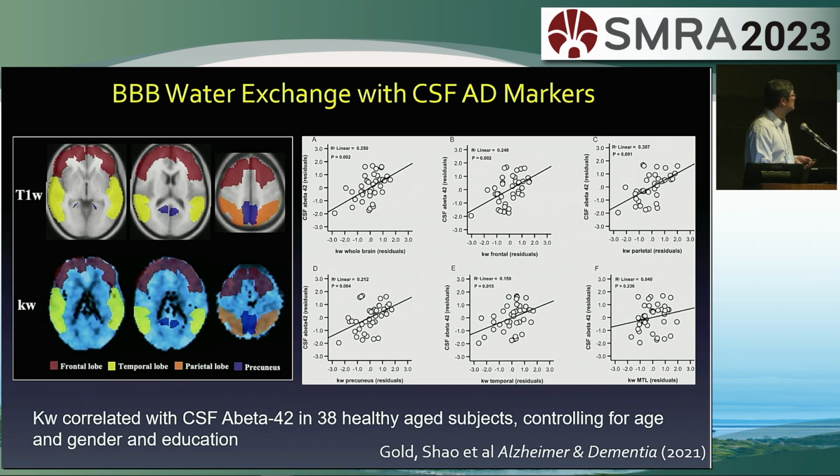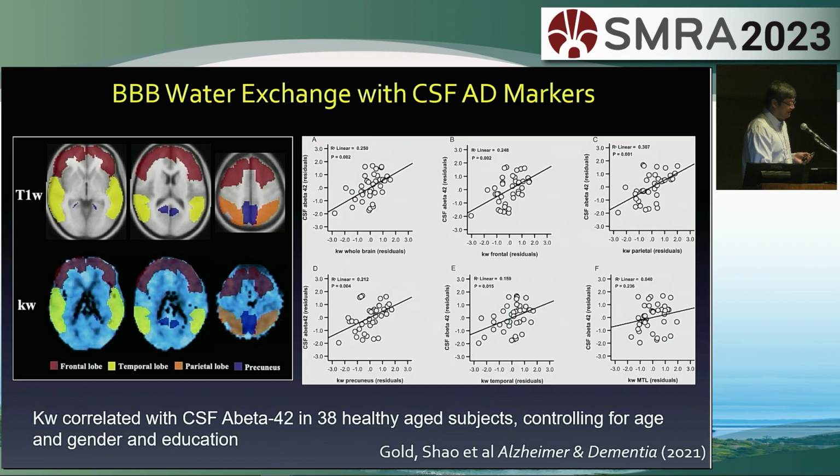With this technique, we did a few applications. For example, this was in collaboration with Dr. Brian Gold at the University of Kentucky. He applied our technique in a cohort of healthy aged subjects who have CSF A-beta measurements. He found KW was positively correlated with CSF A-beta in the whole brain and also in different regions.